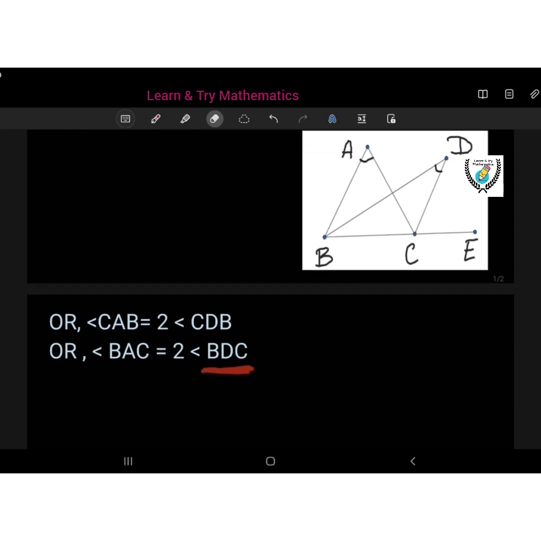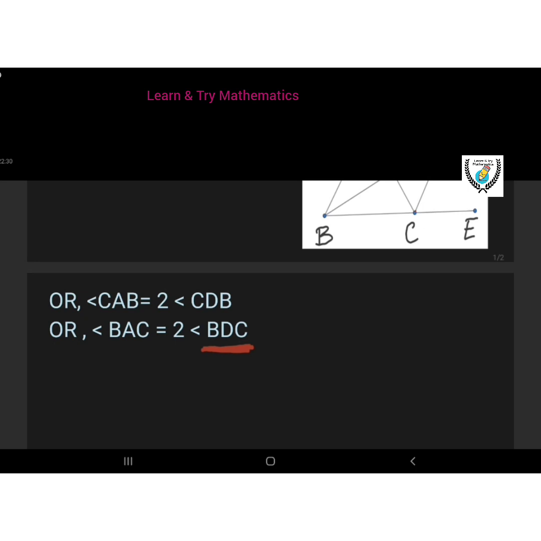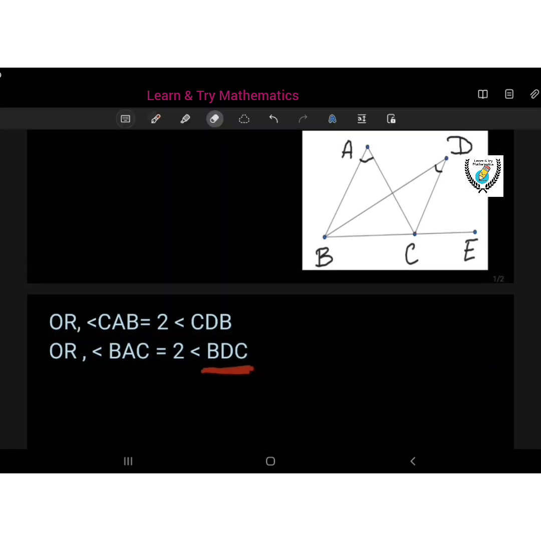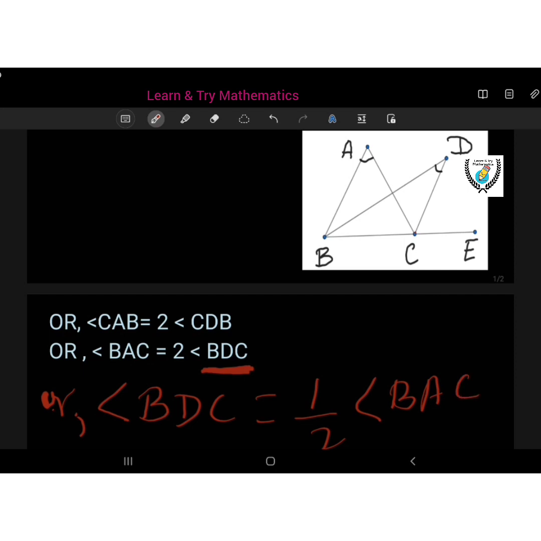We can write angle BDC equal to half of angle BAC.